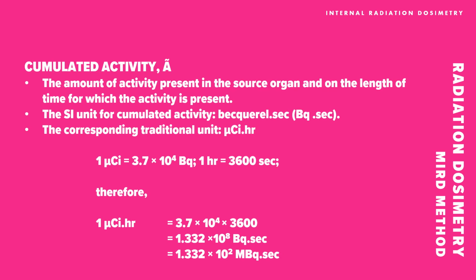So 1 microcurie hour equals 3.7 times 10 to the power of 4 times 3600, and when we convert everything, you get 1.332 times 10 to the power of 2 megabecquerel second. That's the SI equivalent of 1 microcurie hour of cumulative activity.